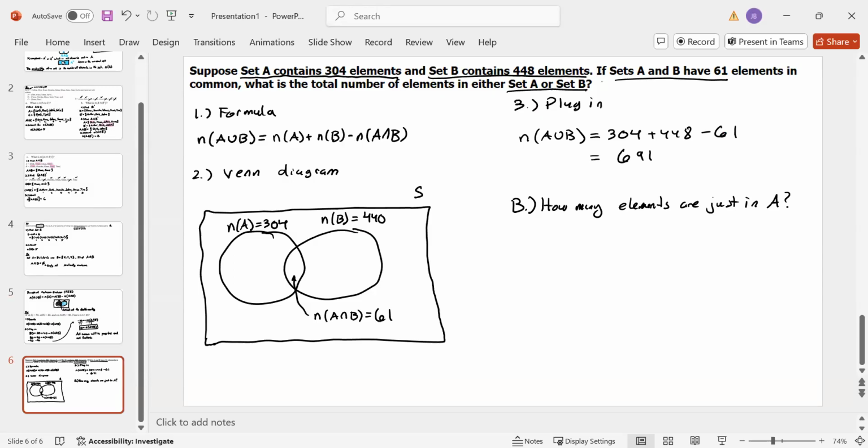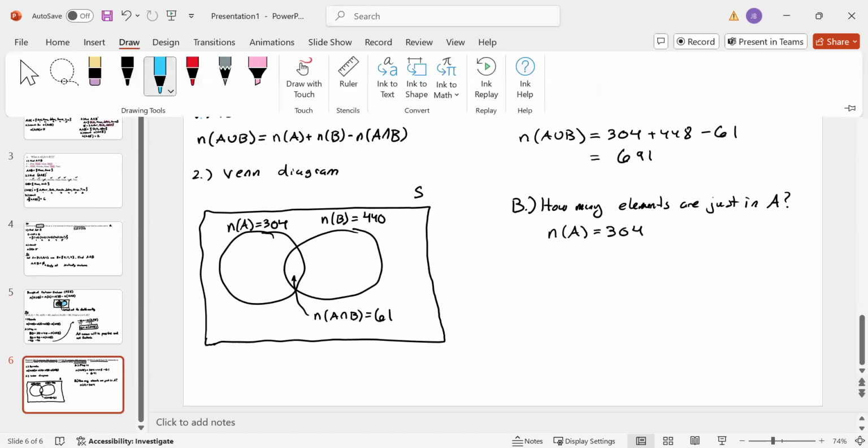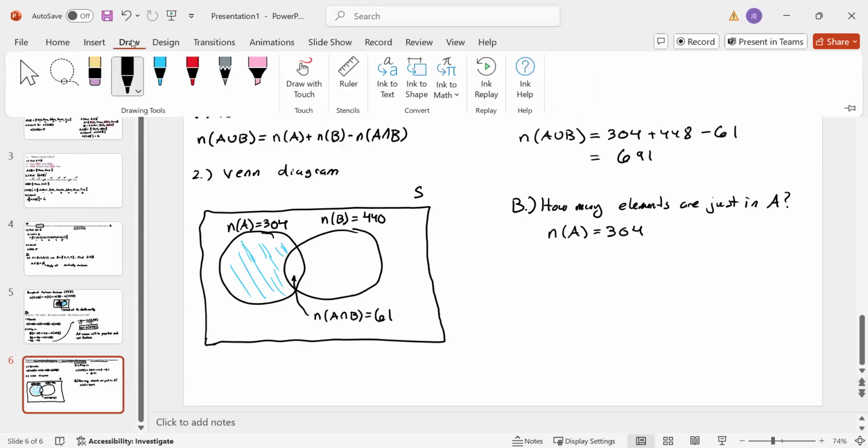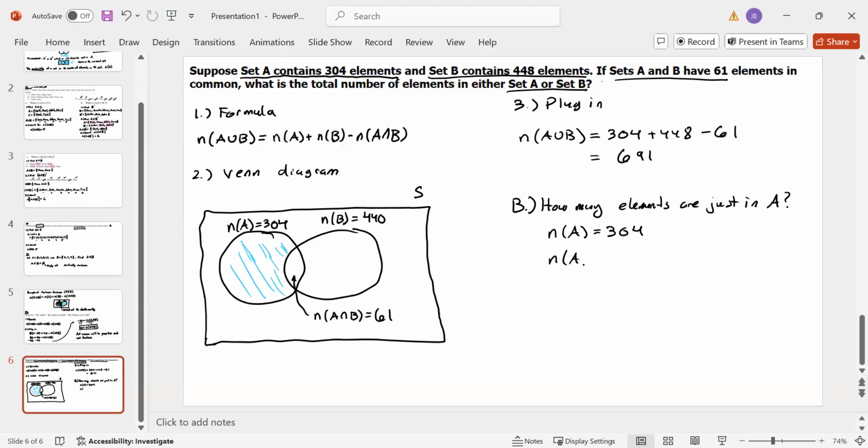Well, I know that the cardinality of A is equal to 304, right? But that's the entire circle. If I want to know just A, so that would be this part of the circle, I would have to subtract out where they overlap. The shared elements is equal to 61. So only A is equal to 304 minus 61, which is equal to 243.